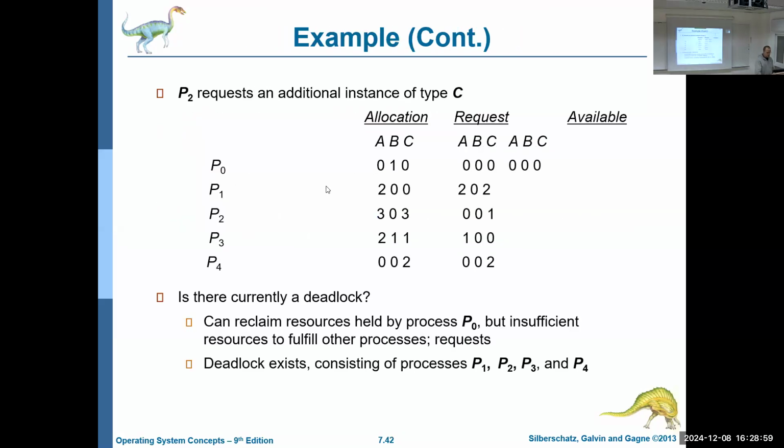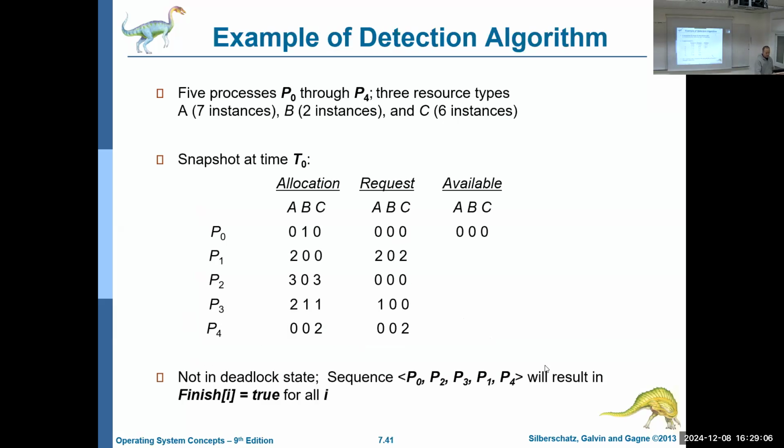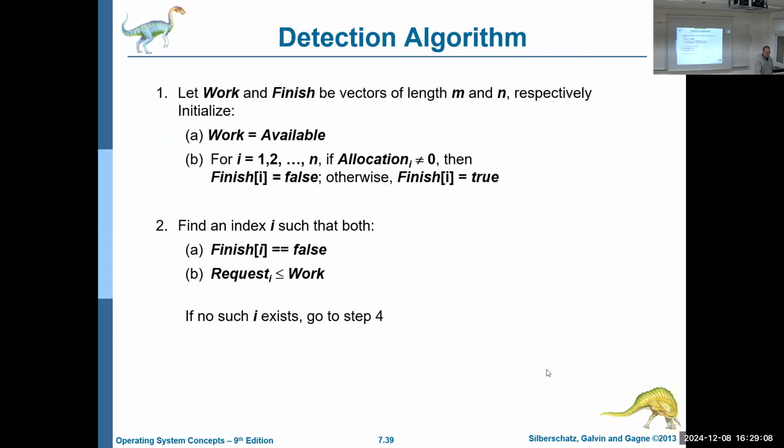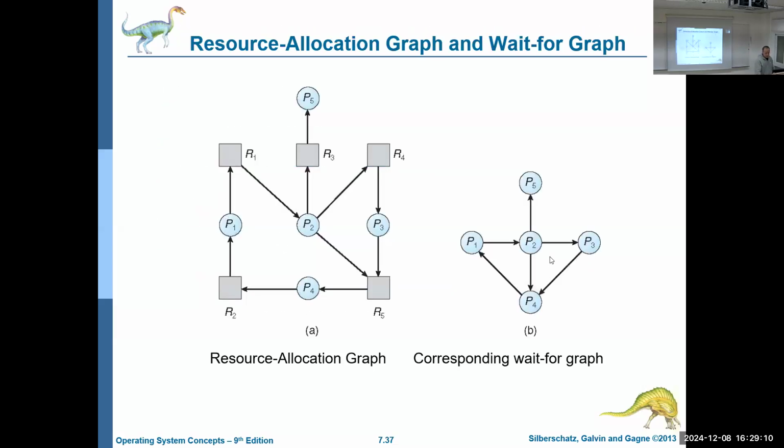Let's look back at that picture that we had here. Look at this situation. P1, 2, 3, and 4 is a deadlock, right? We have detected there's a deadlock in 4 processes, but we could easily kill, for example, P3, and we would still be in deadlock.